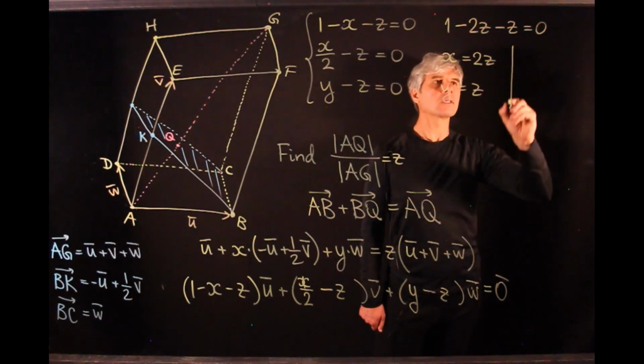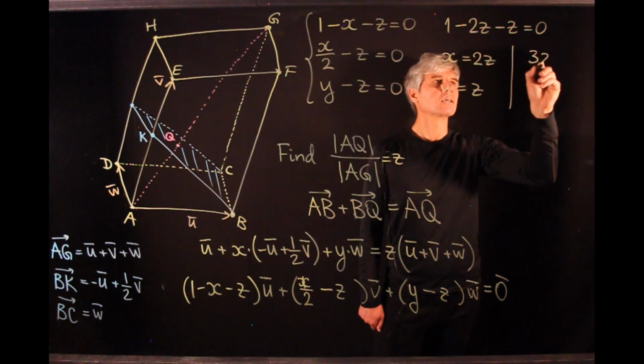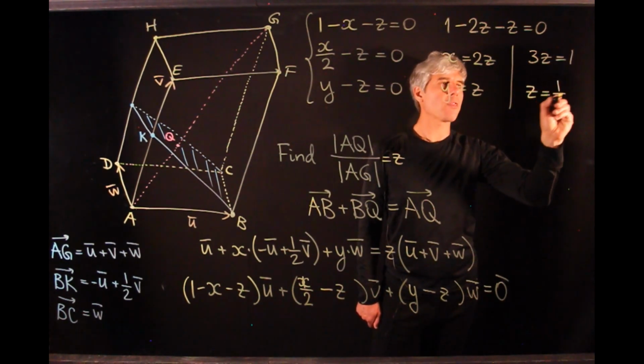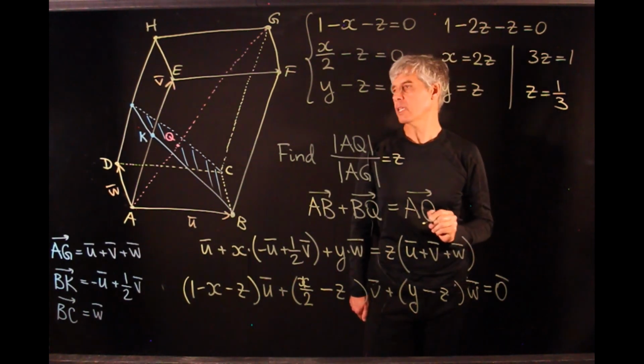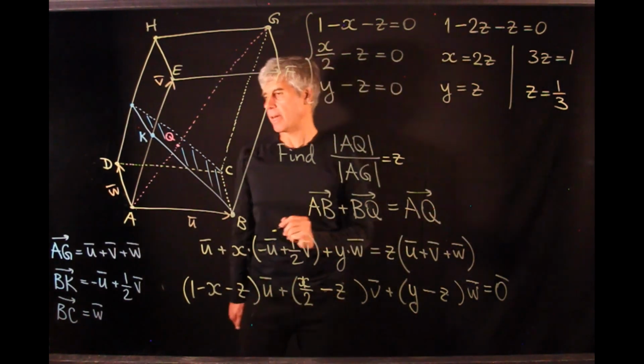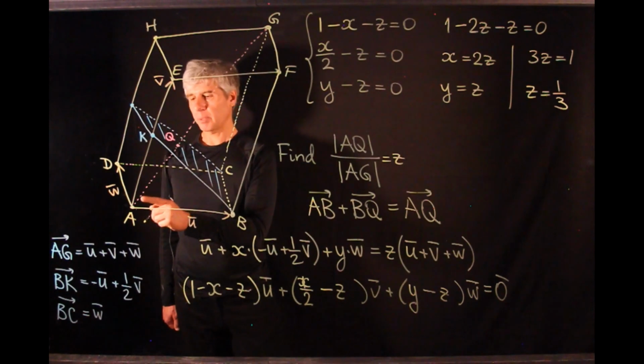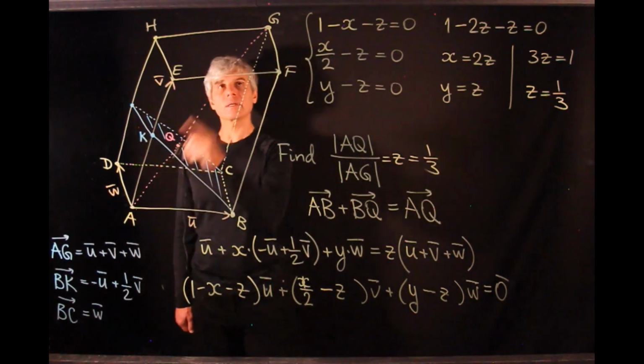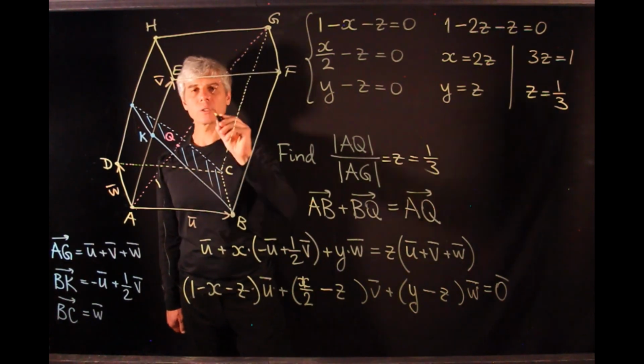So this tells us that 3z is equal to 1, and z is equal to 1/3. So the point Q splits the segment AG in proportion 1 to 2.